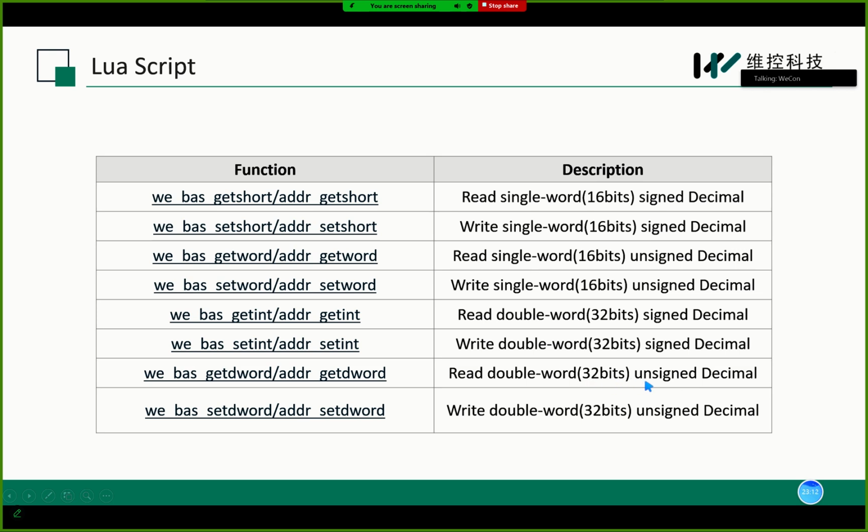And for the 32-bit unsigned decimal, just use get D word and set D word here. Don't make a mistake here to use get word also. D means double.